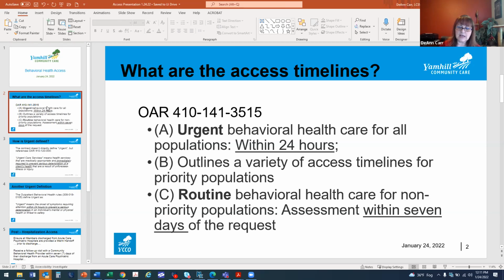And this is another one that has changed. Historically, it was 14 days for routine care. And the change that they made really was driven by a lot of research and evidence base, that looking at engagement was really driven by that initial access timeline.